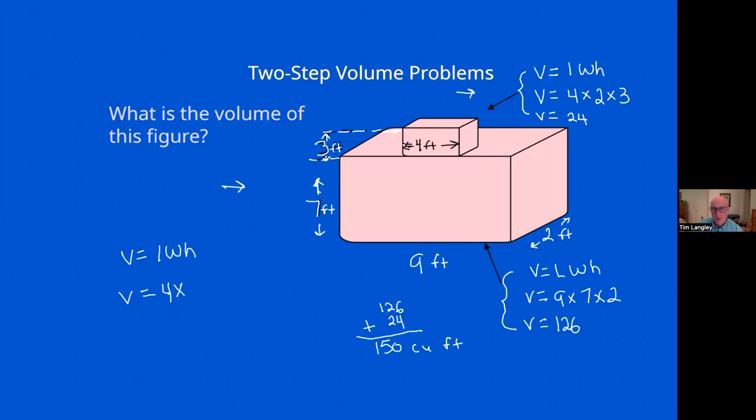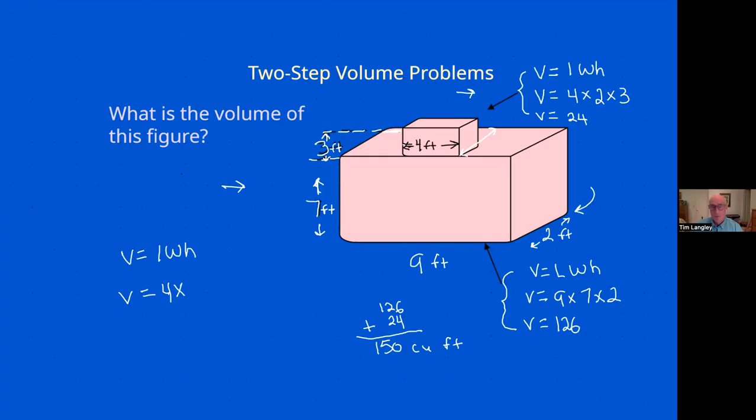So if I look down here at the bottom of my big block, I'll see that it's actually 2 feet all the way across in its width. Length times width times height, but it's 2. I want you to imagine it's 2 feet all the way across there.